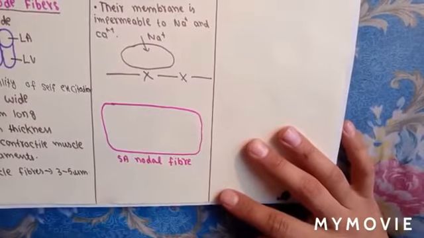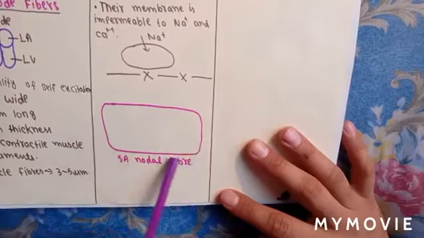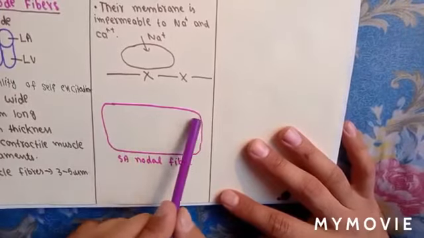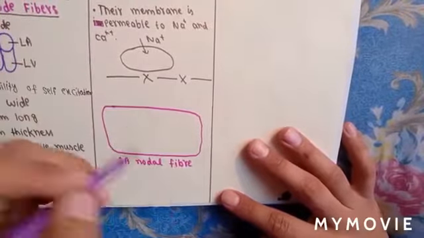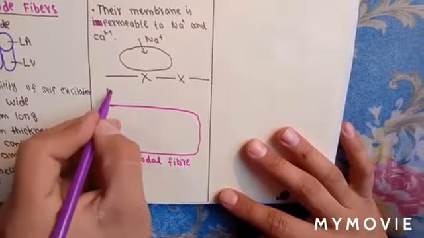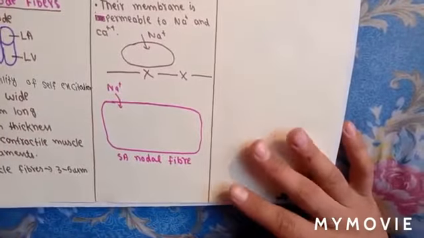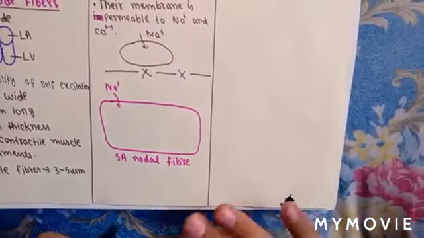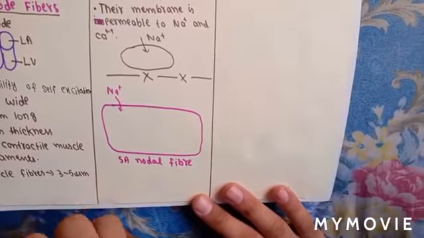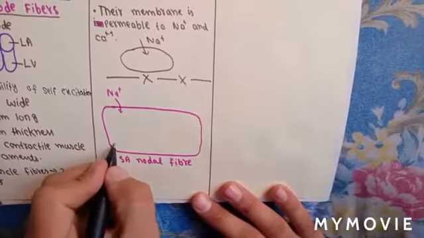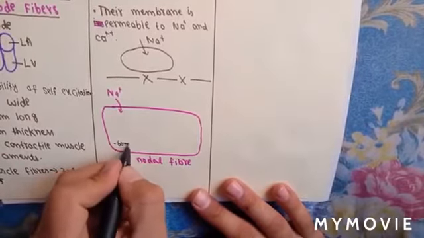In normal condition, resting membrane potential: it is permeable. That means ions can pass through it. Sodium ion can pass through it and moves inside the cell. So its potential is not -85 or -90, but it is -60 millivolt. So its resting membrane potential is approximately -60 millivolt.